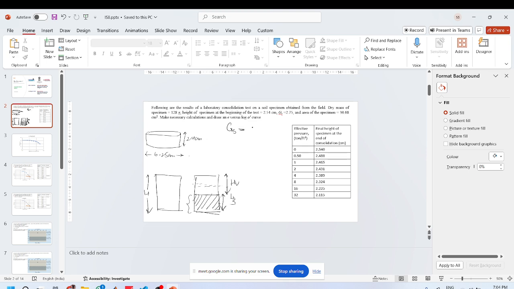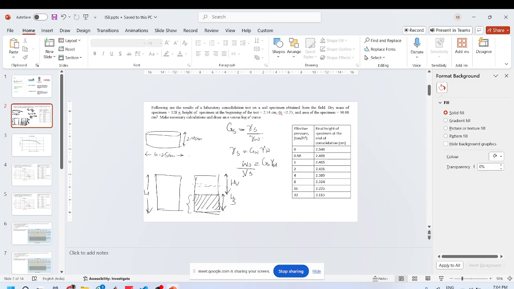Gamma solids is equivalent to weight of solids divided by volume of solids.